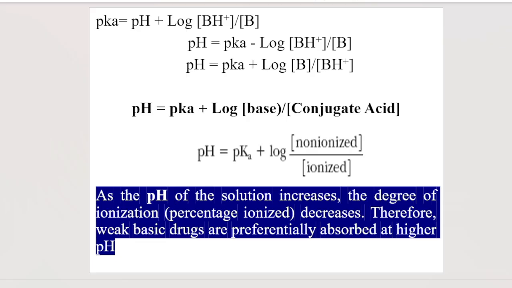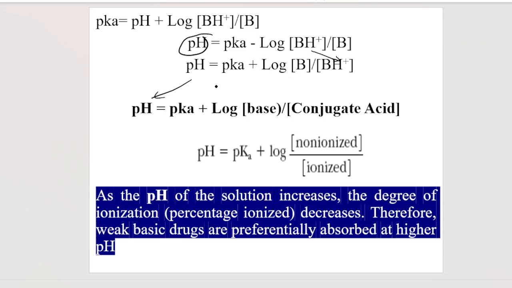Okay, so if you keep the pH on one side, and then you take this on the other side, pH is equal to pKa minus log of BH plus divided by B. Since the denominator is B, it comes up, it will become log of B, and this will become the denominator because of the minus sign, it will become BH, so it converts to BH. These are very simple log rules. If you have any question you can mention in the comment section, I will be pleased to answer these questions.